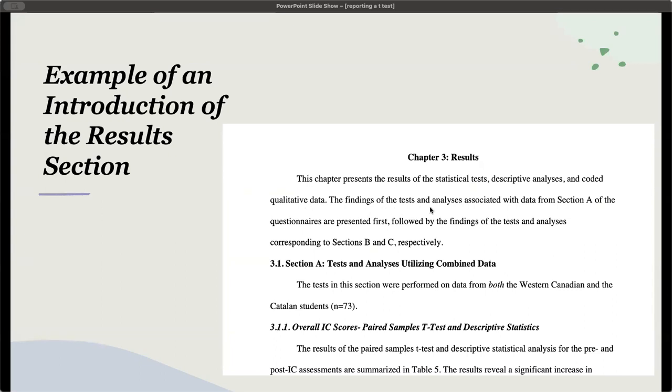The findings of the tests and analyses associated with the data from section A of the questionnaires are presented first. So notice the next section is section A, and then she's going to follow with sections B and C respectively. So there's an organization here, and the introductory paragraph lets the reader know what is to follow.